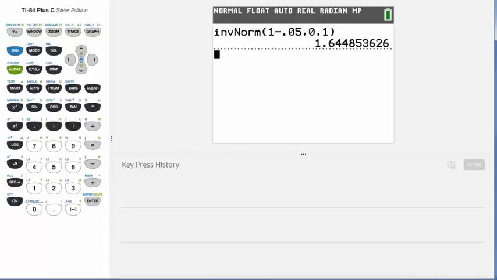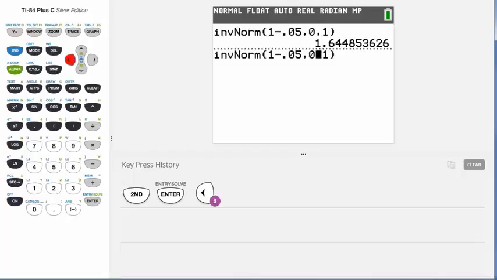Using the definition, I'm going to click second, enter to retype, and then change my 0.05 from my previous problem to 0.025.